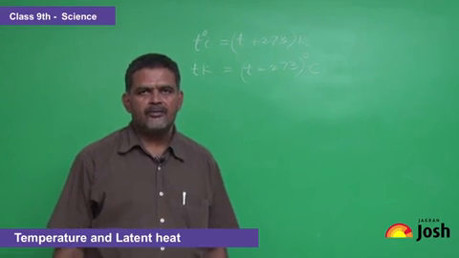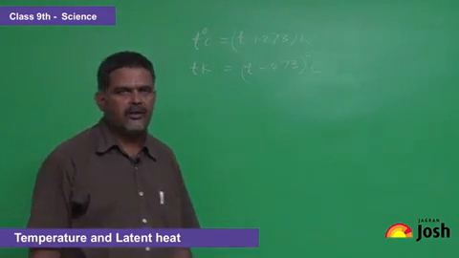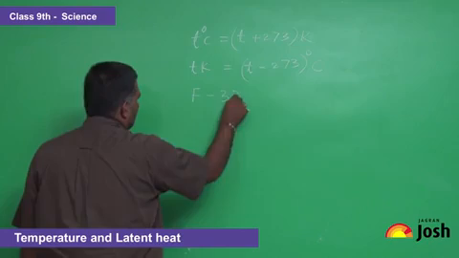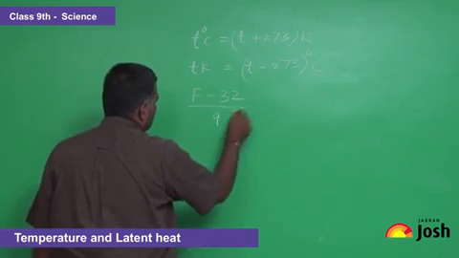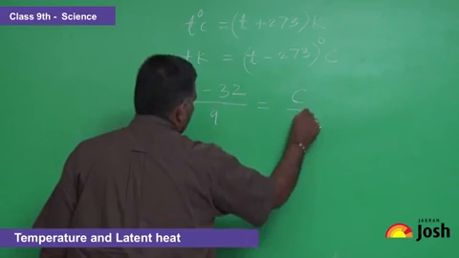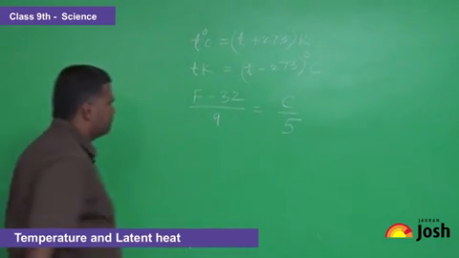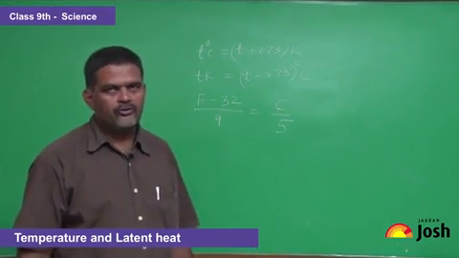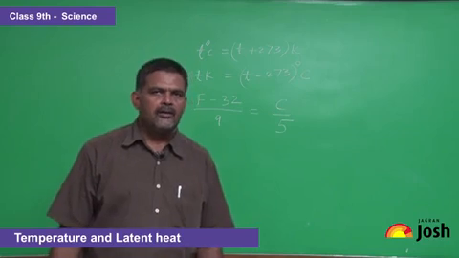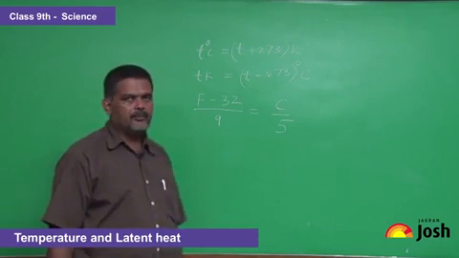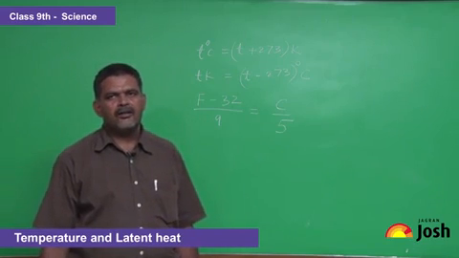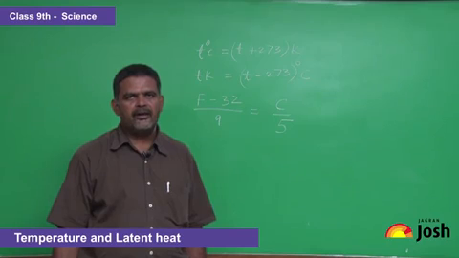Now the relation between degree Celsius and Fahrenheit scale. This is F minus 32 upon 9 is equal to C upon 5. Let us explain this with one example. Suppose the question is: at what temperature will degree Celsius and degree Fahrenheit scale be the same?